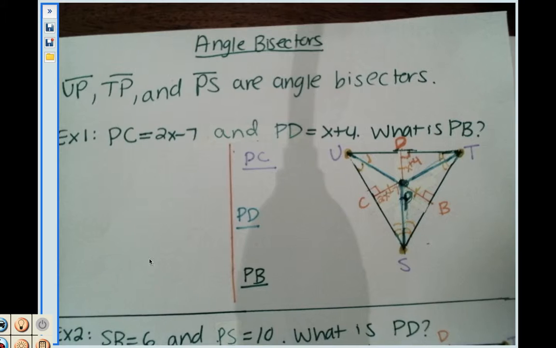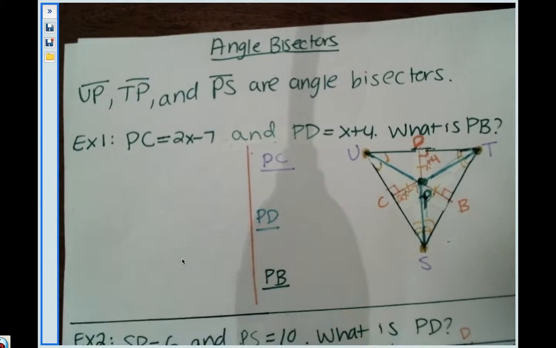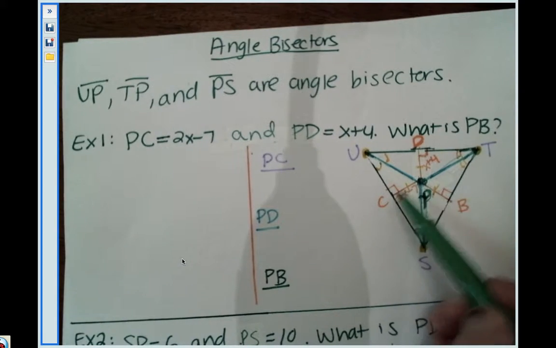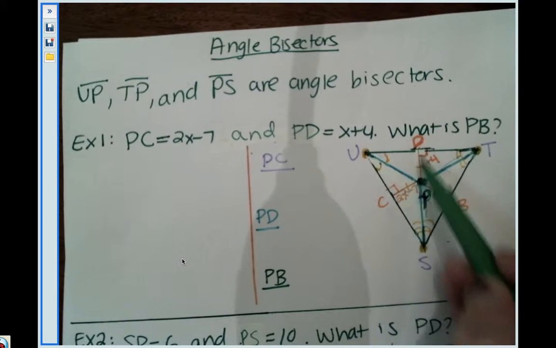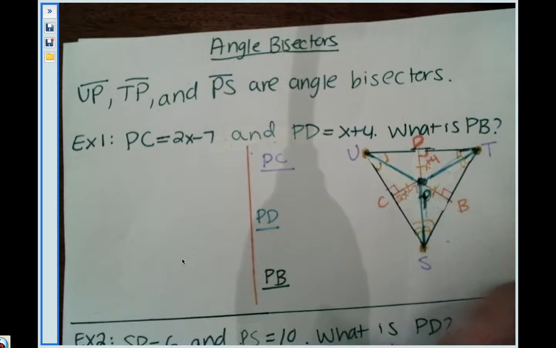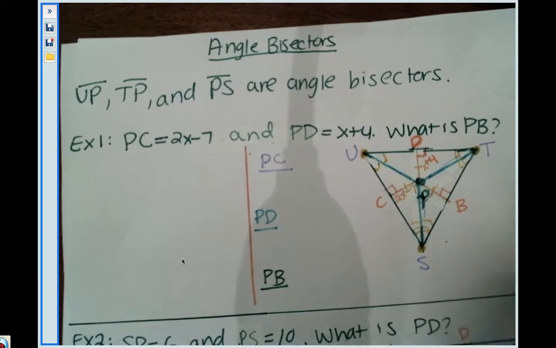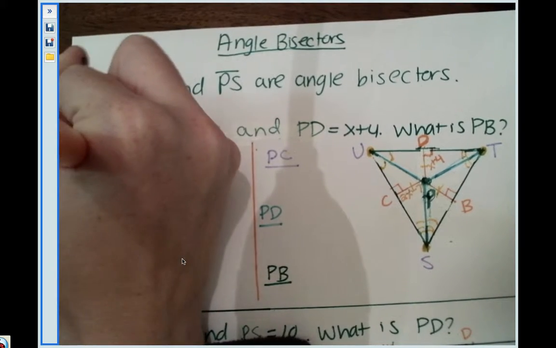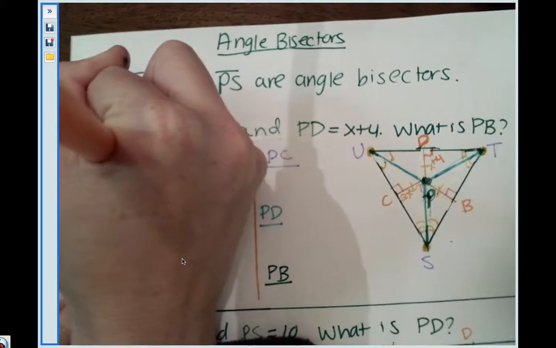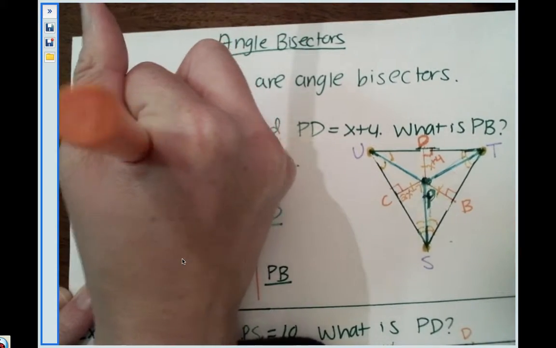But anyways, based on this, let me identify that over here. PC is congruent to PD, which is congruent to PB, which means their segment lengths are equal. So PC equals PD, which equals PB.